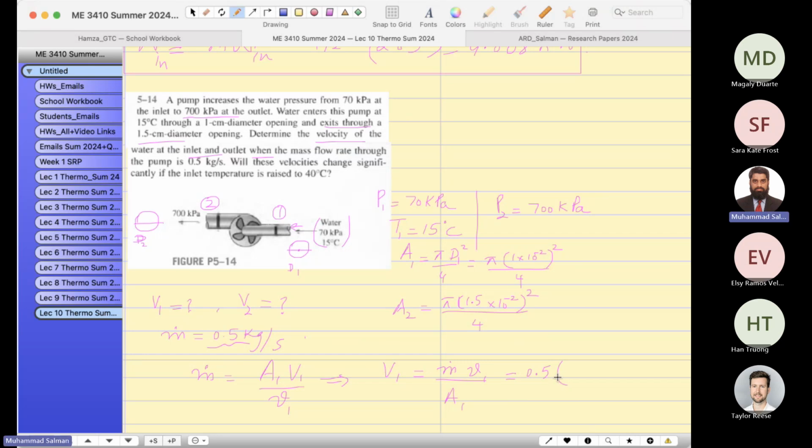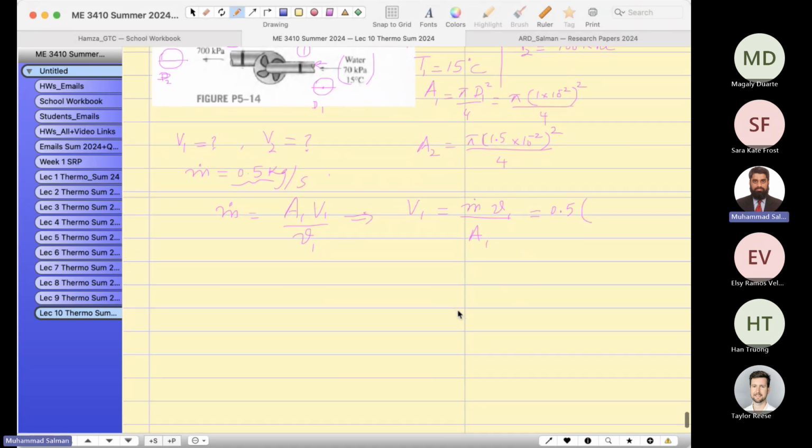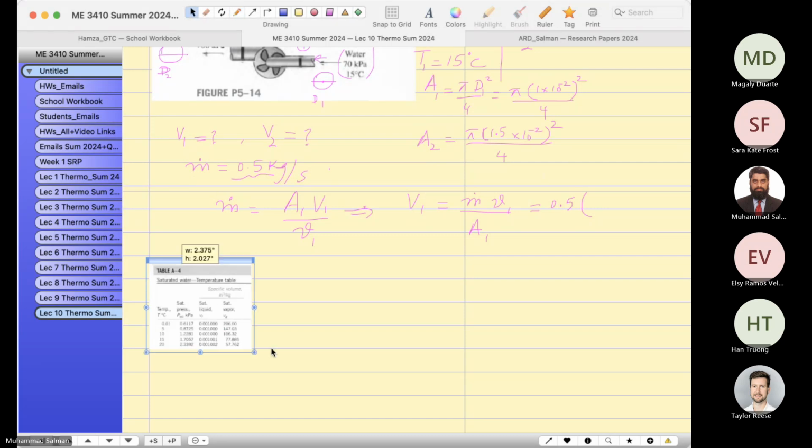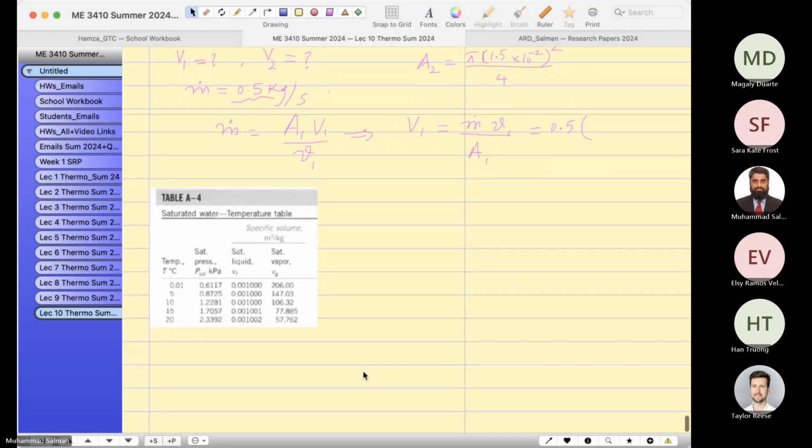Now you have to look into the table. If I go to the temperature table at 15 Celsius, I'm interested in this value.